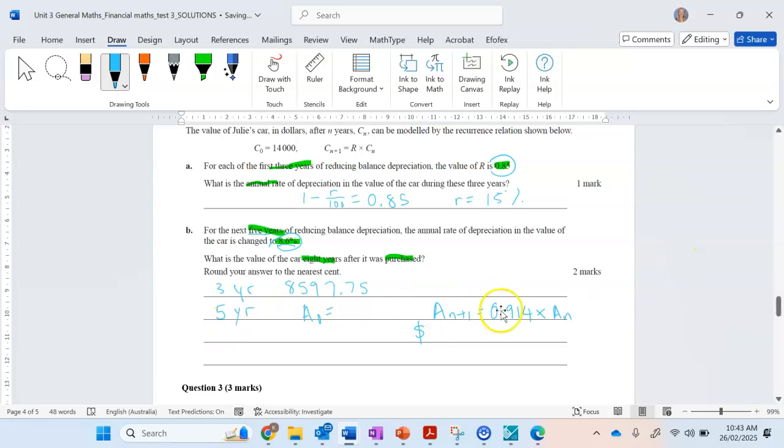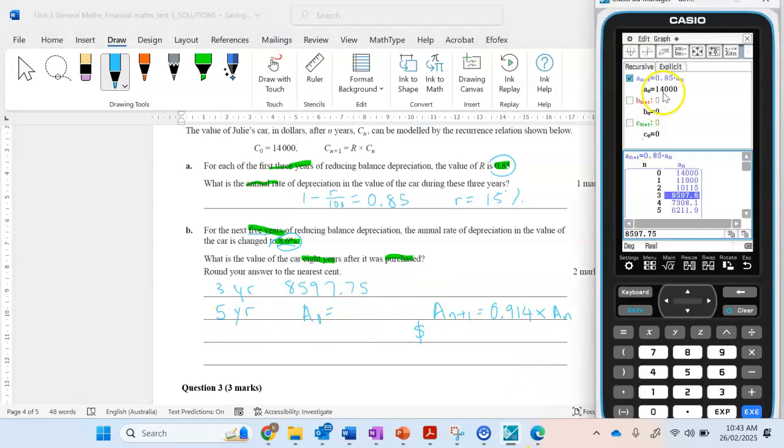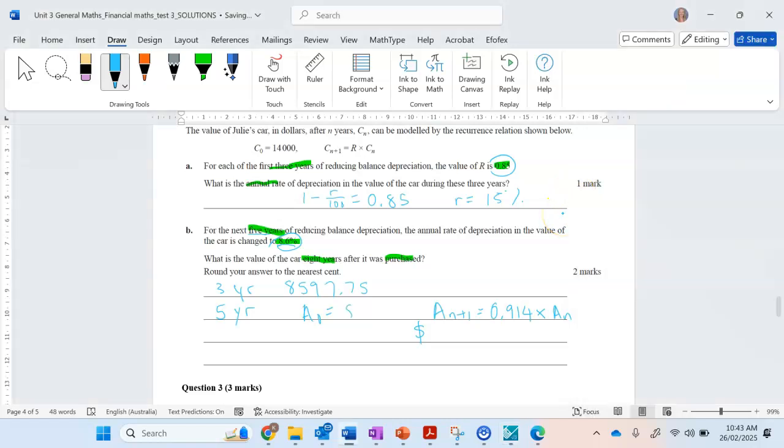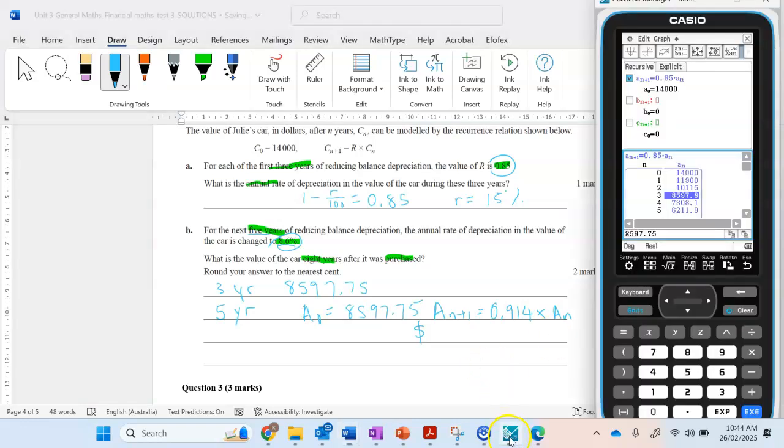And then we've got to do the same thing for 5 years. So my initial value would be 8597.75. I'm going to put that in here. I've copied and pasted it.